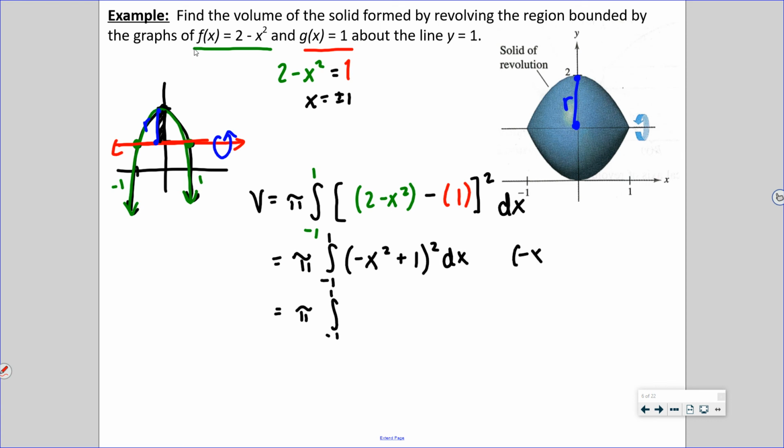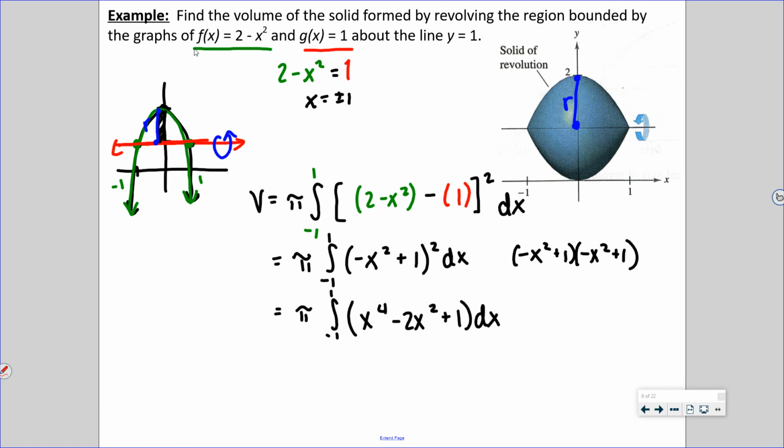So that's this algebra here. So it'd be positive x to the 4th, negative 2x squared plus 1. Oh, I have negative 1, I had negative 1 on this too. 2 minus 1 is positive 1. Isn't that funny? You can do all that calculus and the thing you do wrong is 2 minus 1.